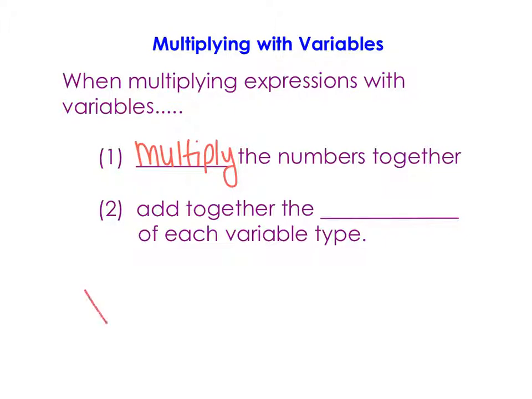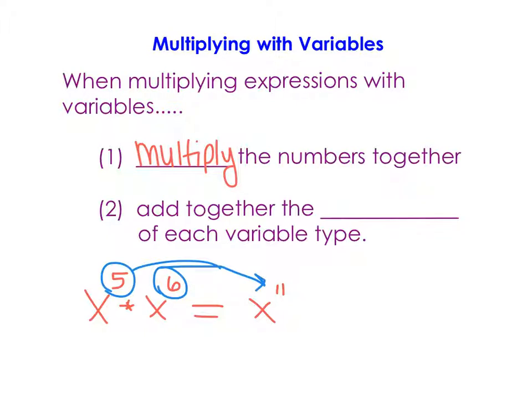And then from here, when we were dealing with that x to the 5th times x to the 6th, when we said that equaled x to the 11th, hopefully you were noticing that what we actually did there is we had 5 x's and 6 x's being multiplied together, and we had a total of 11 x's. So we can really add together the exponents of each variable type to simplify them. So in this case, we had 5 plus 6. And once we've combined all the variables together and the numbers together, our statement is then fully simplified.